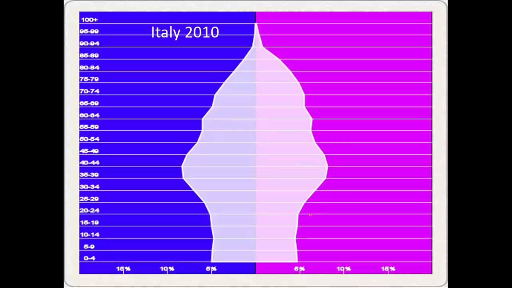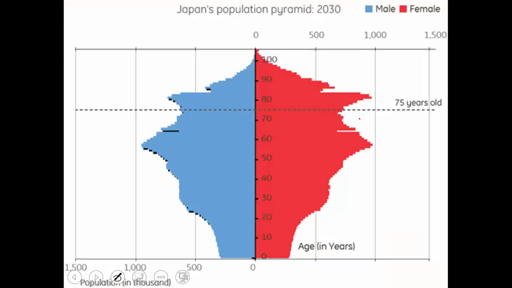You see this in Italy. You see this in some of the Nordic countries, that narrow cone shape or that narrow base in the pyramid. And you see it in Japan.